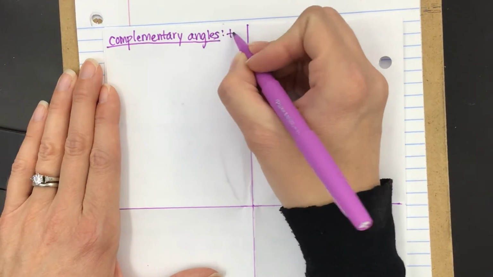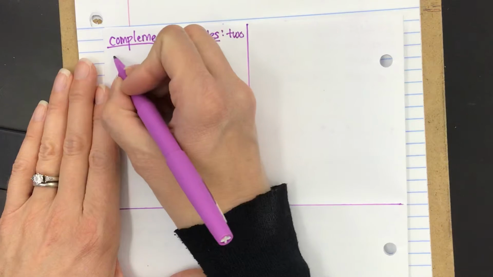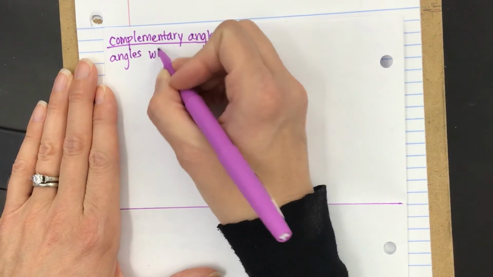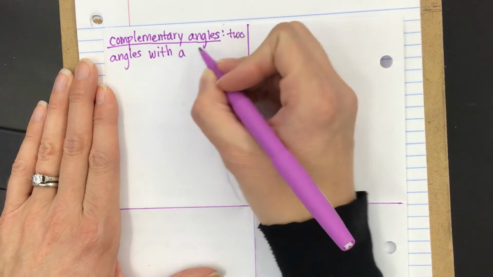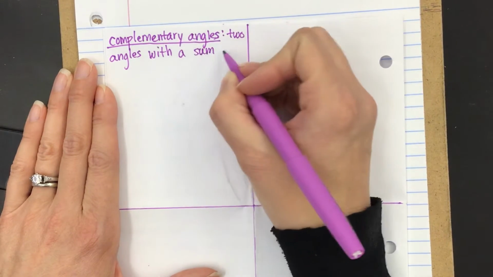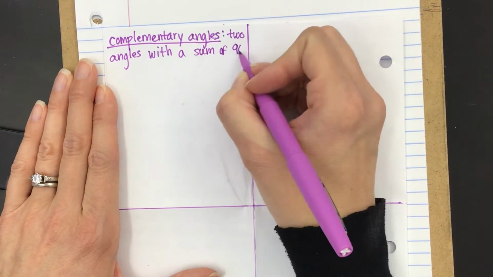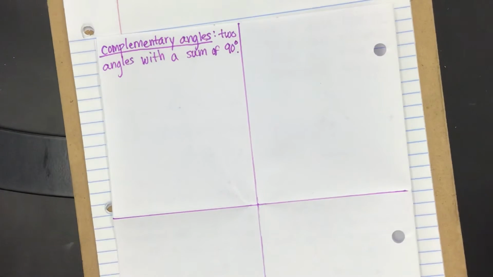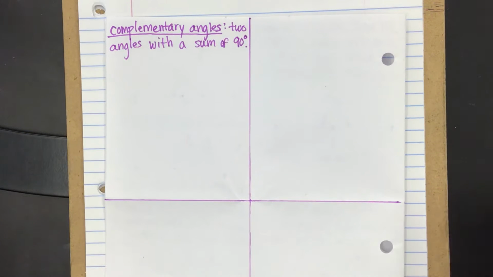So complementary angles are two angles with a sum of 90 degrees. Okay, so two angles with a sum of 90 degrees.